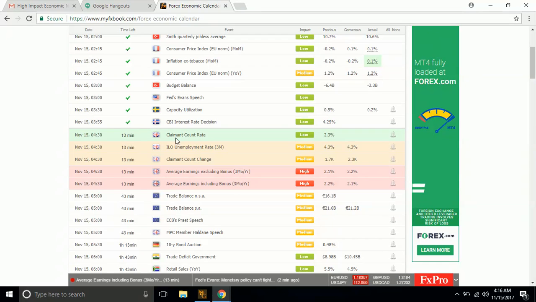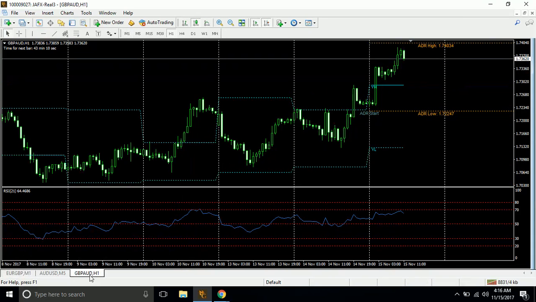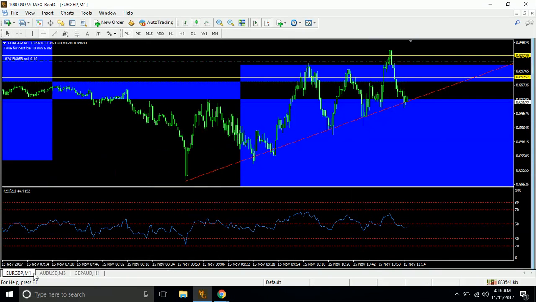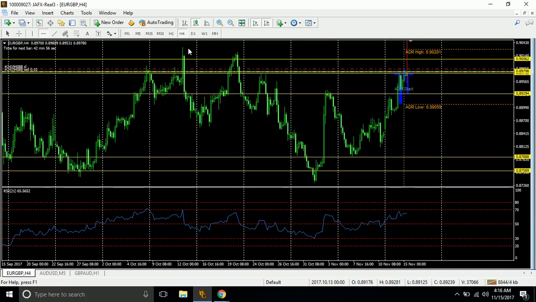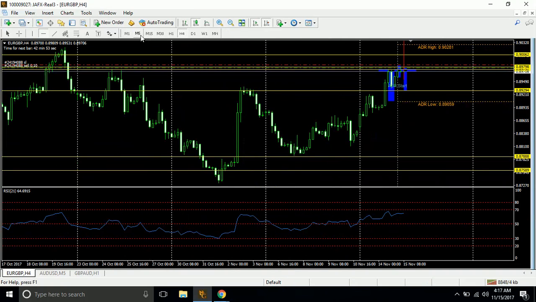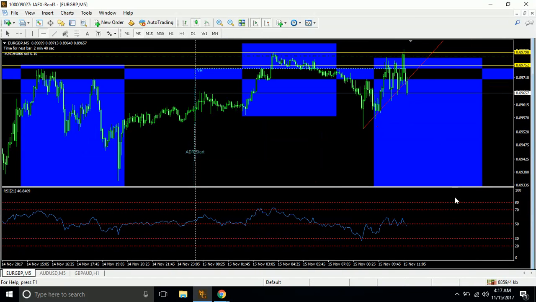These 5 news releases right here are going to affect both the pound and the euro. In my opinion, I see this news release bringing the euro down and the pound up.